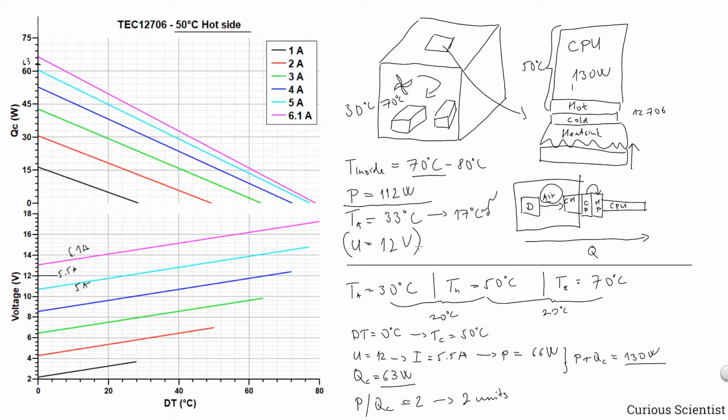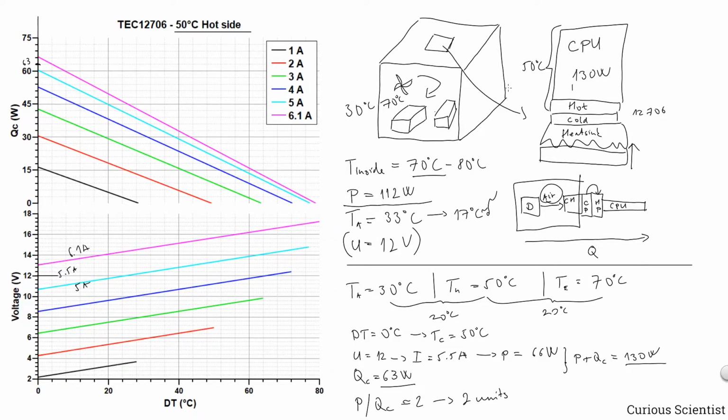We know that the power supply that we use for the TEC12706 is a 12 volt power supply. I don't know the current, but I assume that it can provide a lot of current. So we are limiting the current with the 12 volts and also with certain choices with the DT.